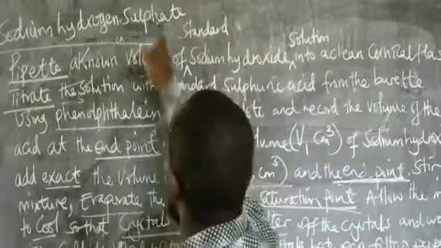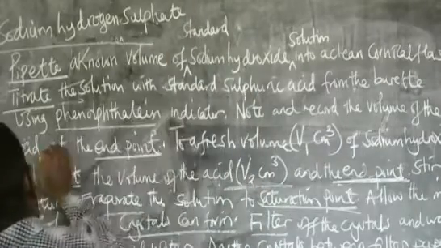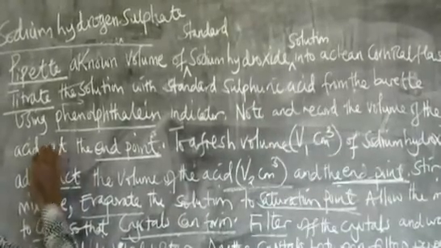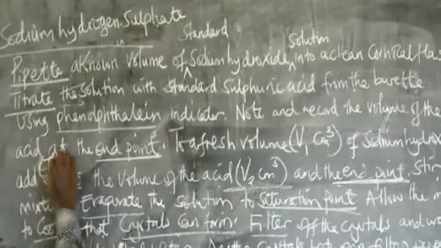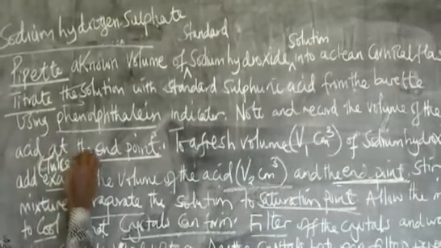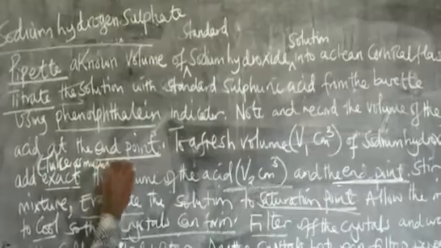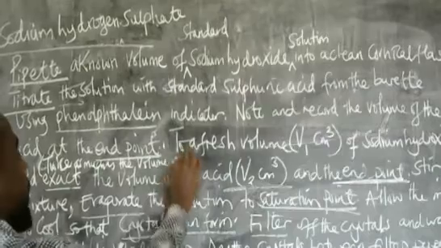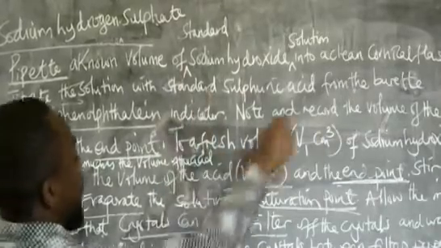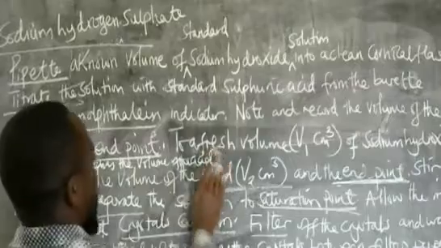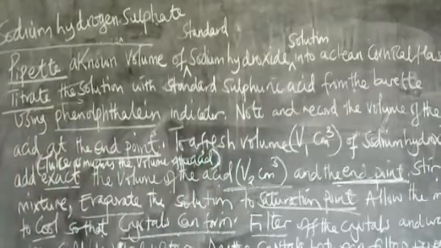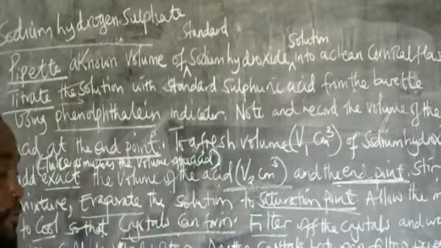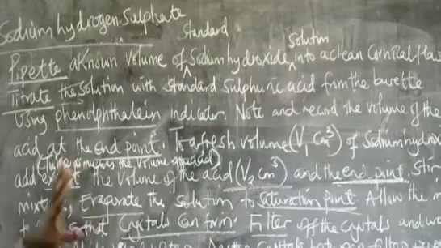If it is for sodium hydrogen sulfate, then here we say add twice as much as the volume of the acid at the end point. The procedures remain the same. That will be the same for potassium hydrogen sulfate and sodium hydrogen sulfate.